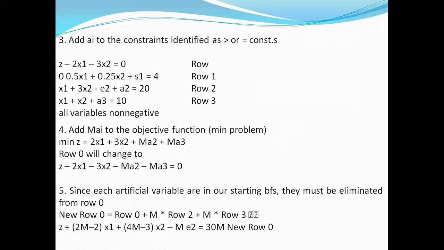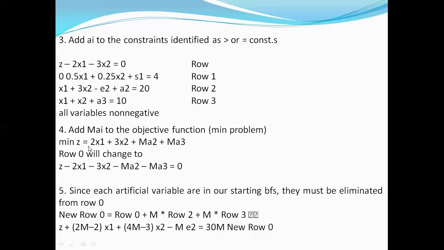So the fourth step involves adding the major number, that is M, to the objective function, because it is a minimization problem. In the case of a minimization problem we add it, and in the case of a maximization problem, to obtain the value we take a negative sign, that is minus M times the artificial variable.